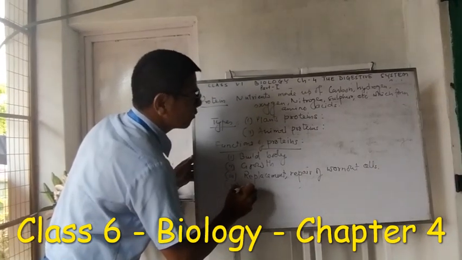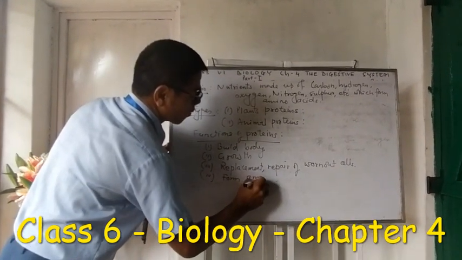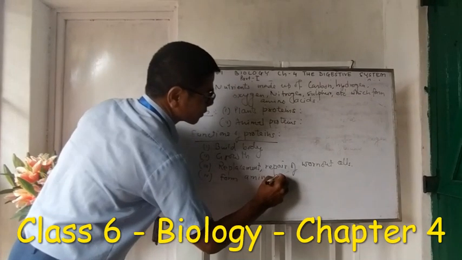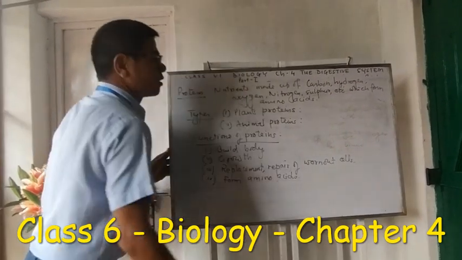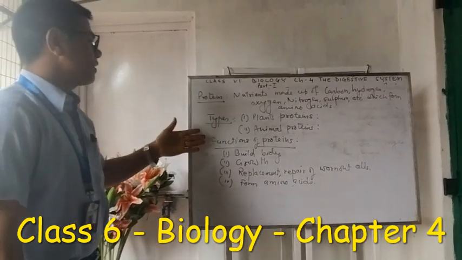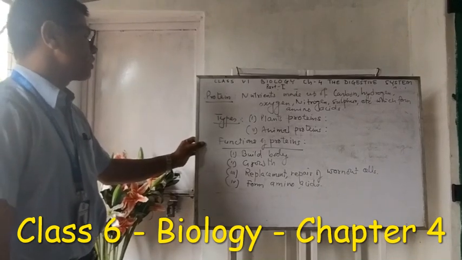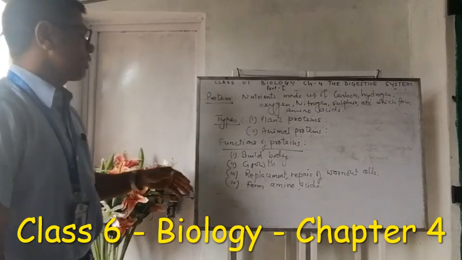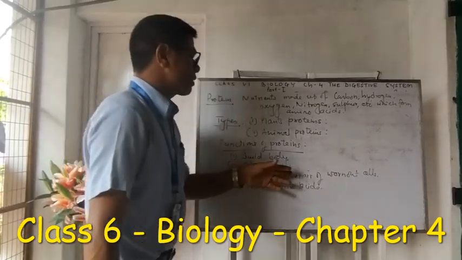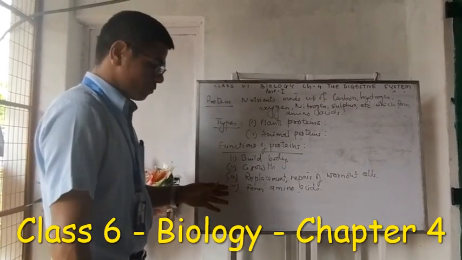Then protein forms amino acids. So today we have seen the different functions or uses of protein. It builds the body, it helps in growth, it replaces and repairs worn out cells, and it forms amino acids.